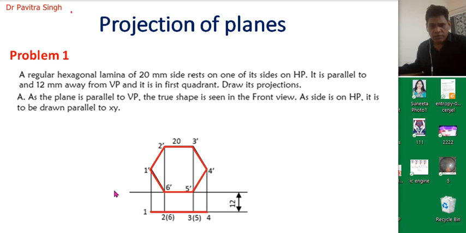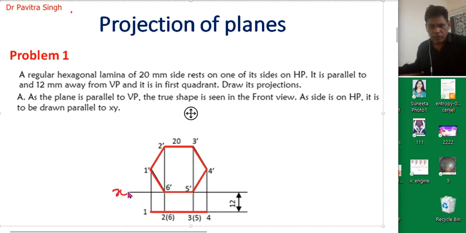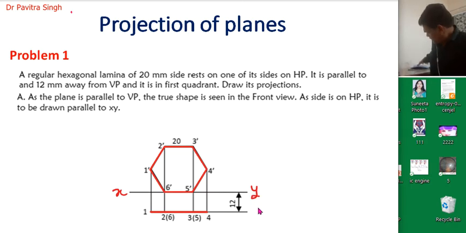So we will draw one line XY. This XY line is the line of intersection of these two planes, the vertical plane and the horizontal plane. These two planes are connected with this line, so this is the line of intersection of these two planes.